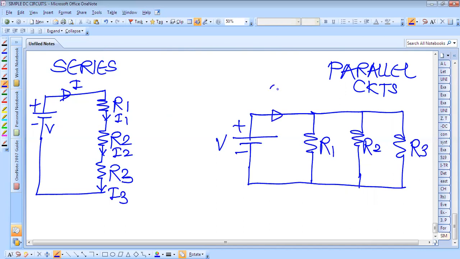Here the circuit current is I, and the voltage across these is V1, V2, and V3. Total current is flowing like this.